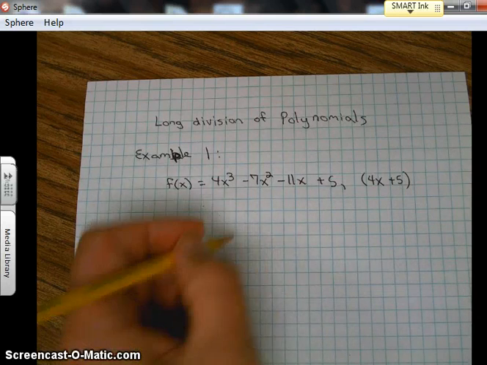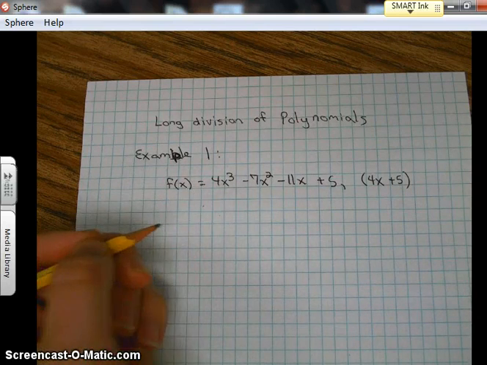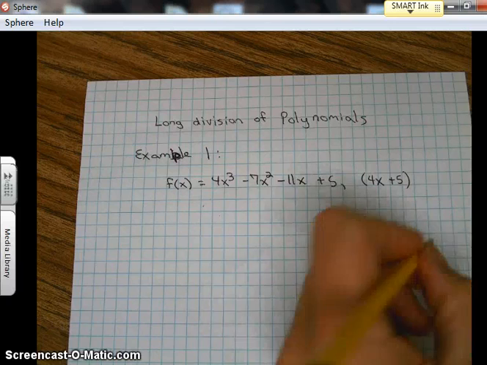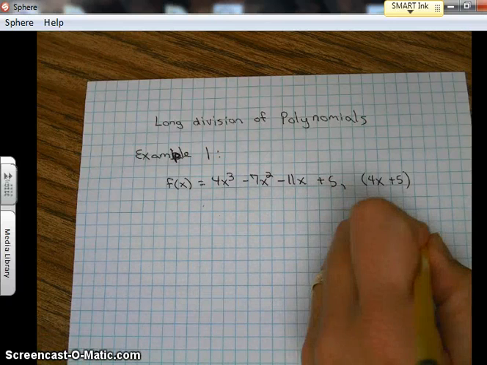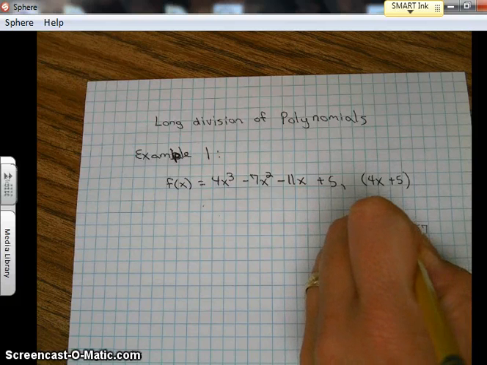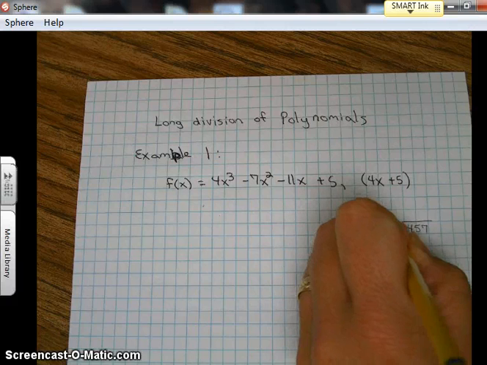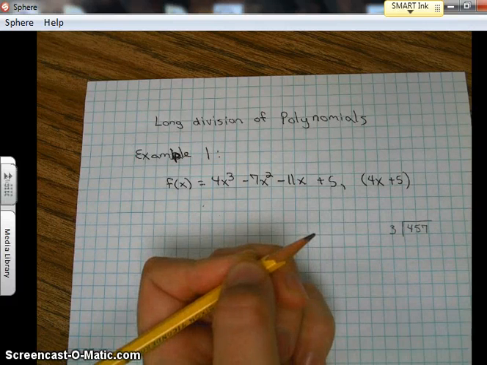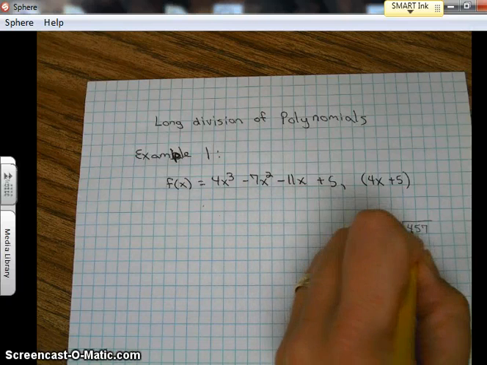To do that, you may have remembered a long time ago how to do division. So I'm going to go off and just show you. If I take 457 and I divide that by, say, 3. 3 goes into 4 once.